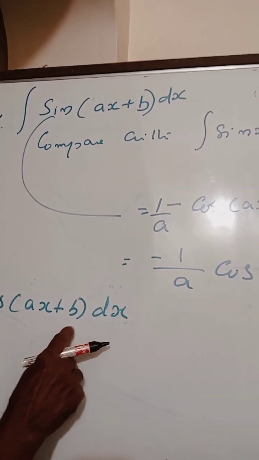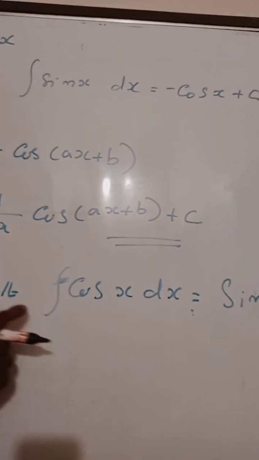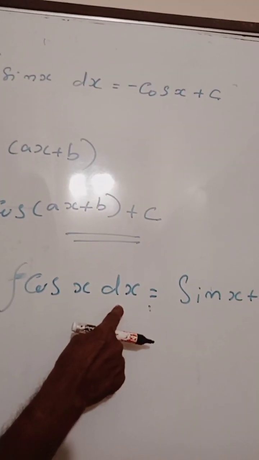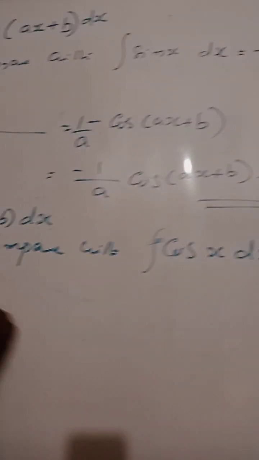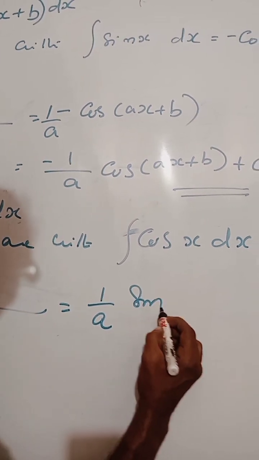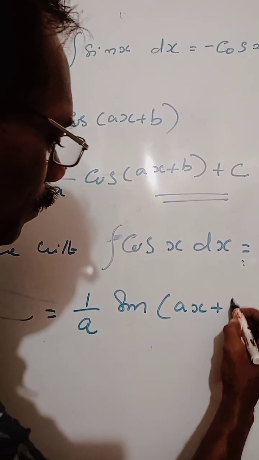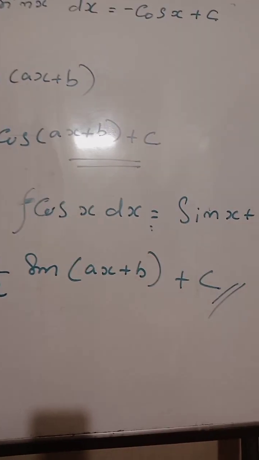Sixth one is cos of ax plus b dx. This we have to compare with integration of cos x dx is equal to sin x plus c. Therefore, this is equal to 1 by a into sin of ax plus b plus c.